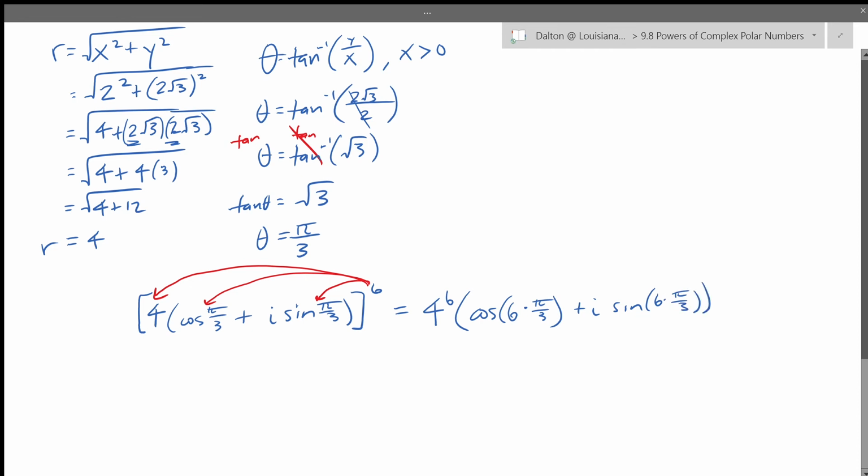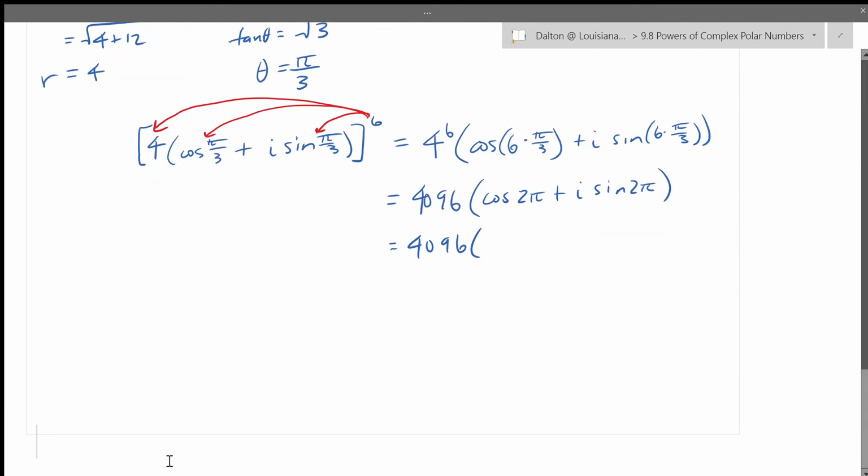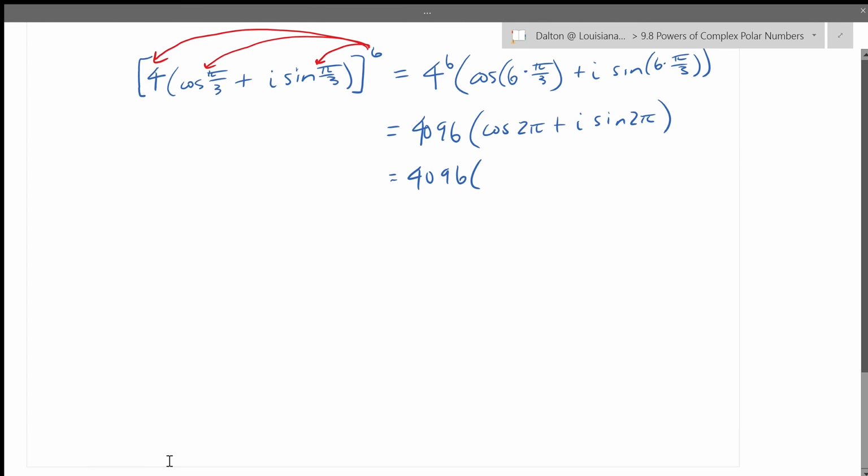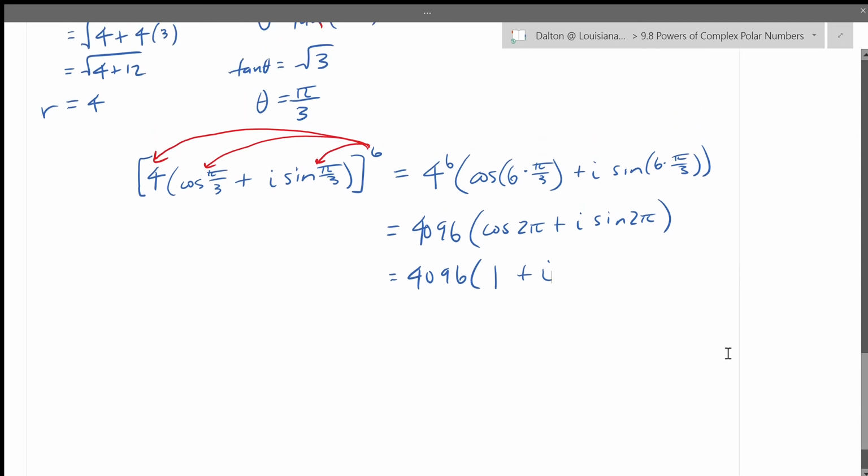And then from here, we're just going to go ahead and keep on simplifying. 4 to the 6th power is 4,096 times, this will be the cosine of 6 over 3 is 2, so that'll be 2 pi, plus i times the sine of 2 pi. So it's going to be 4,096 times the cosine of 2 pi, the x value at 2 pi is 1, plus i times the sine, the y value at 2 pi is 0.